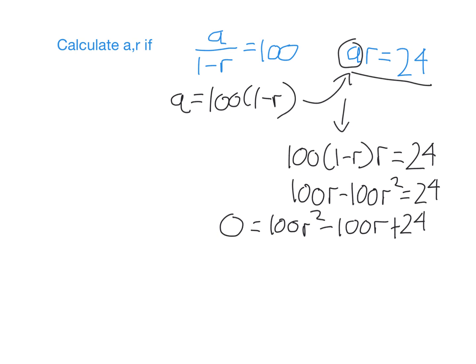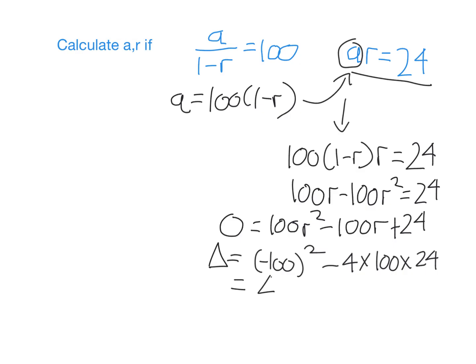So because of the numbers, they're a bit big and complicated, let's use the quadratic formula again. So I'm going to calculate the discriminant. So the discriminant is B squared minus 4 times A times C. Now, if you put that in your calculator, you get 400.